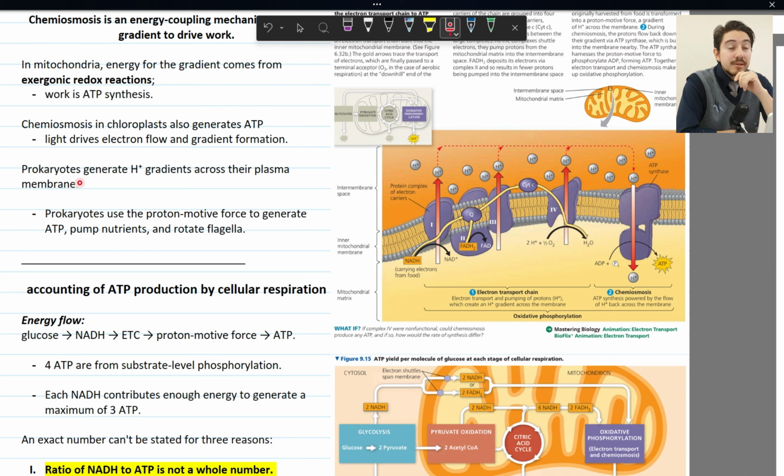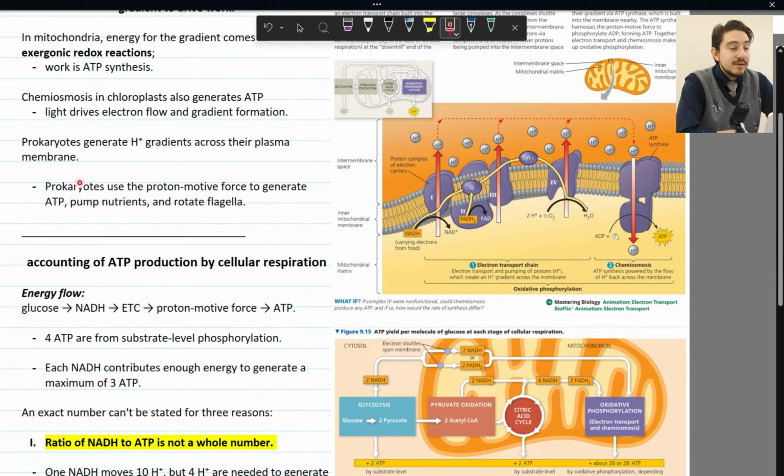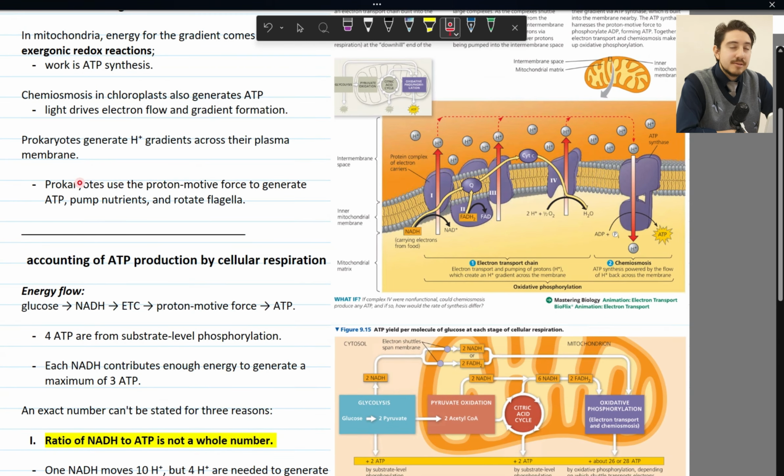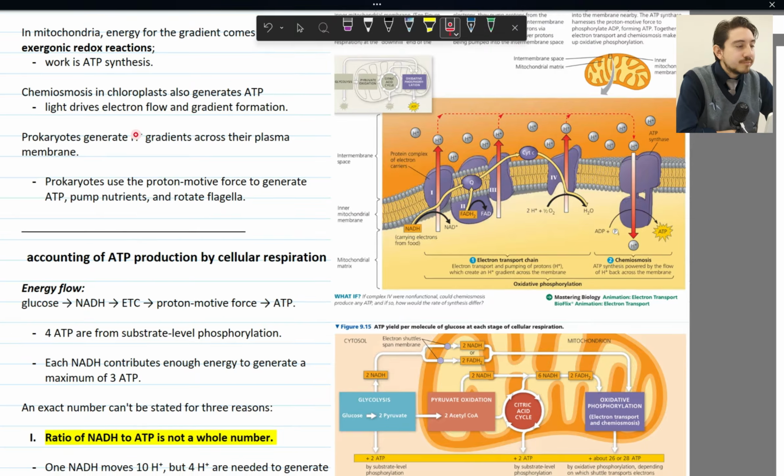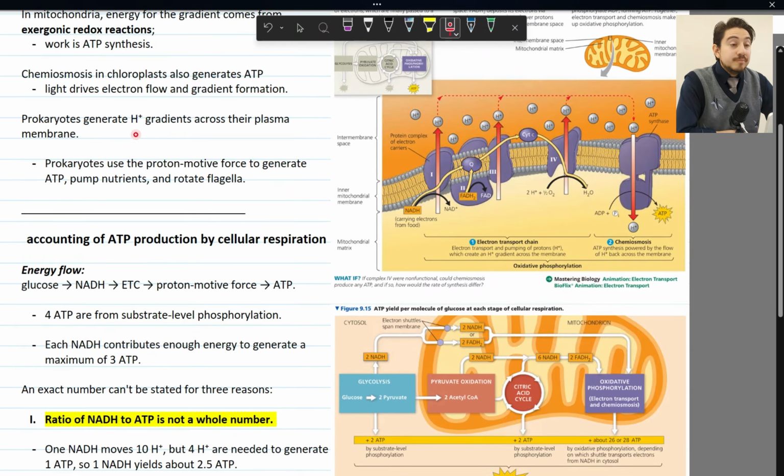Not only the mitochondria do that, photosynthesis and chloroplasts also do that. Chemiosmosis in chloroplasts also generates ATP in the light reactions that we're going to see in chapter 10. In this case, light drives electron flow and gradient formation in the thylakoids. We're going to take a look at that later, so don't worry about that for now. And not just chloroplasts, prokaryotes.